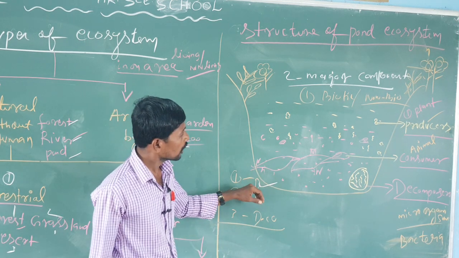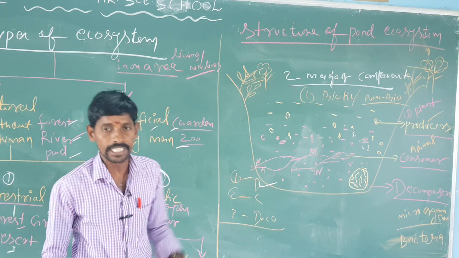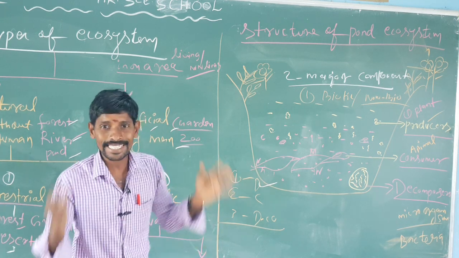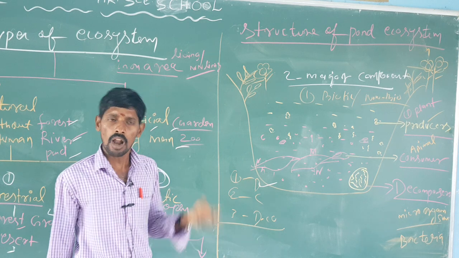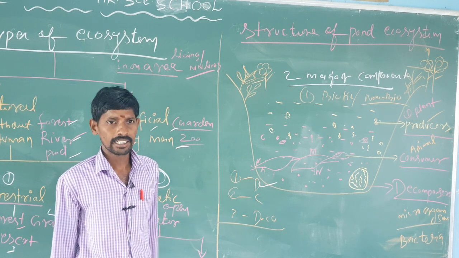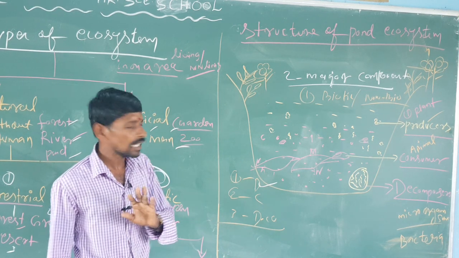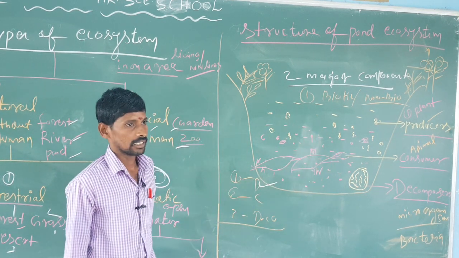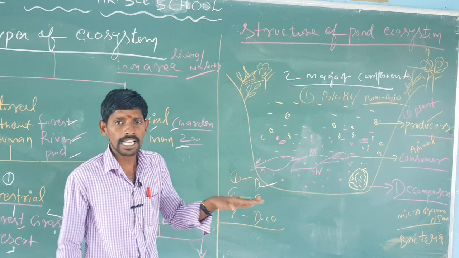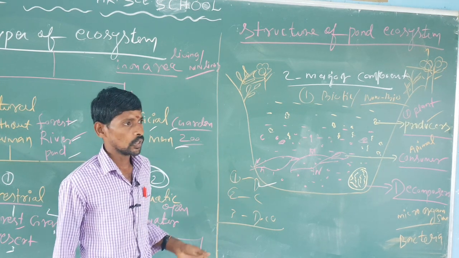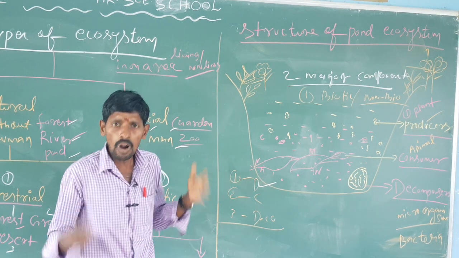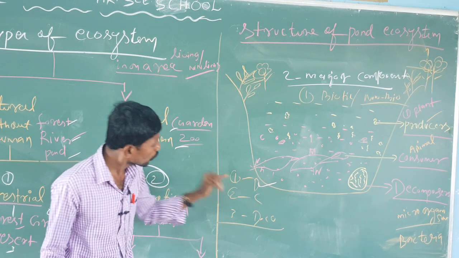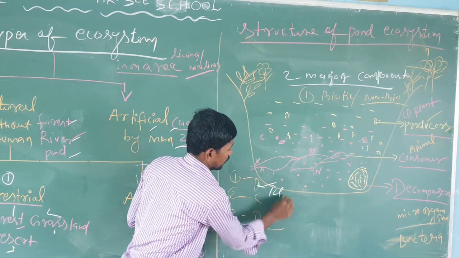Plants are the first stage of the food chain. Examples are algae, green algae, and cyanobacteria. They form the first stage of the food chain. Green pigments are used in photosynthesis to make their own food, so they are called producers.